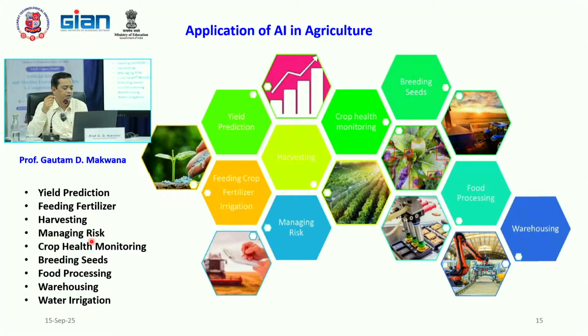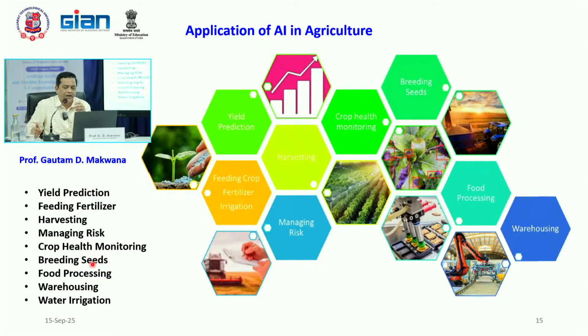And managing crop health monitoring, breeding seeds. There are many seeds, whether good or bad. Manually, it is very difficult to identify whether seeds are bad or good. Sometimes even farmers fail to see whether the seeds are good or bad, and that is one of the reasons some kind of disease or crop failure will come into the picture.